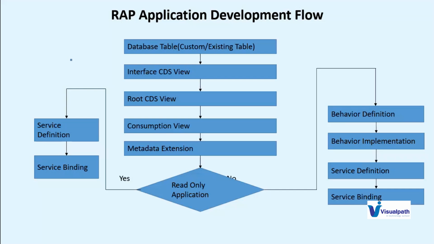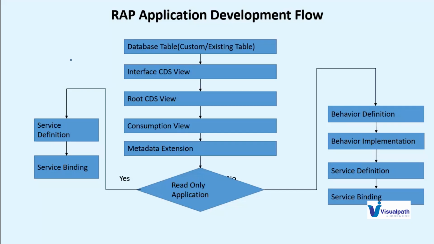Because we do not have data at header level, we cannot create items, right? To provide that kind of restriction, we have one root CDS view. In one application there will be only one root CDS view, and it is mandatory to create it, otherwise you won't be able to create the behavior definitions. So this is the third step.